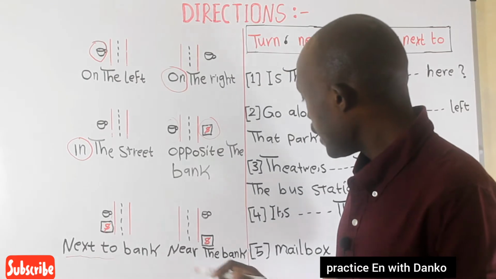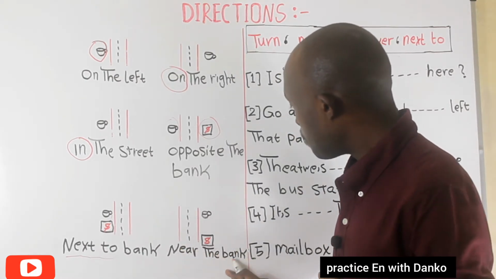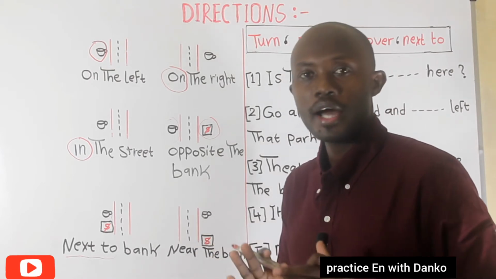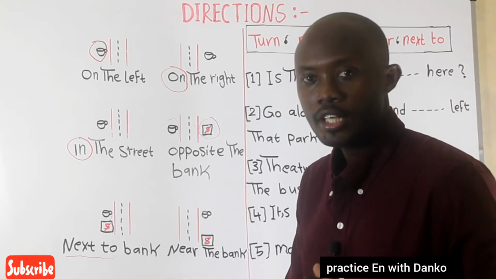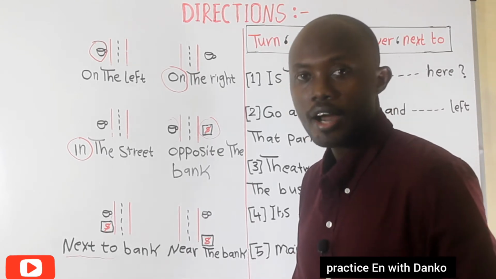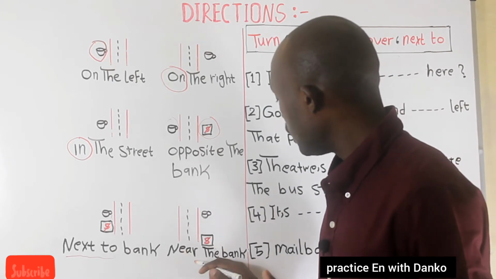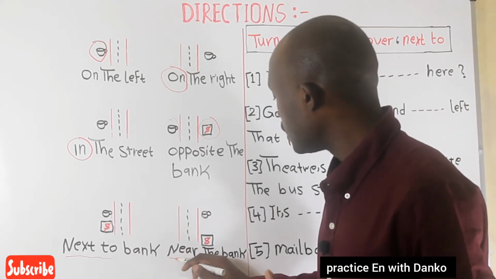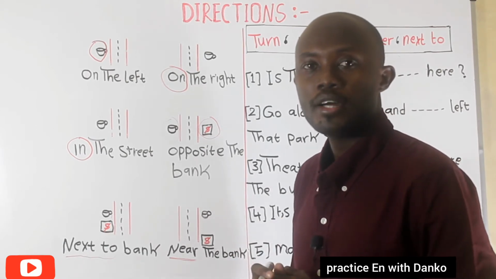Here the cafe is near the bank. The cafe and the bank are on the same side, but this is a little far. The cafe is a little bit far from the bank. So we have to use the preposition of place near. The cafe is near to the bank.